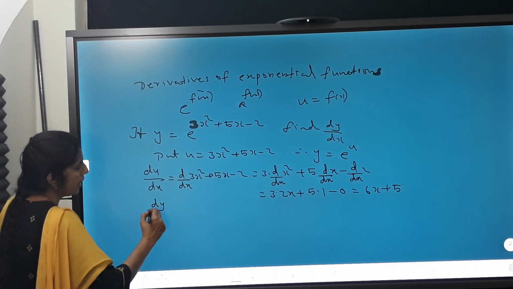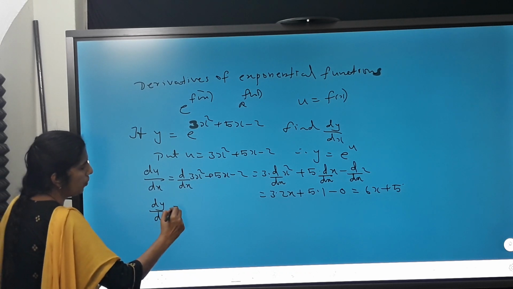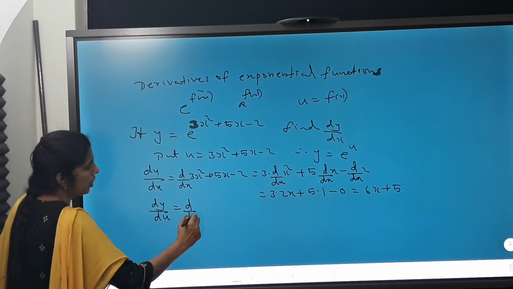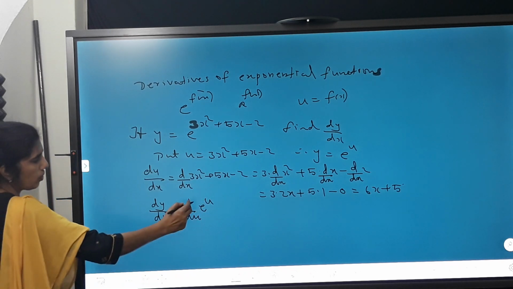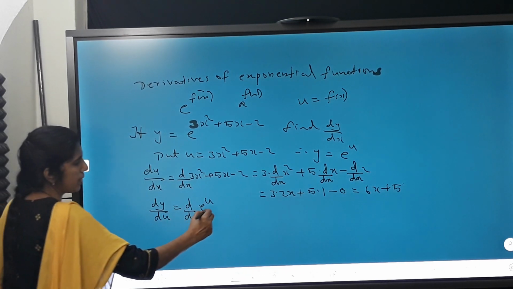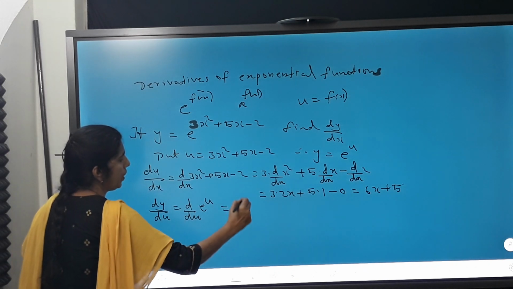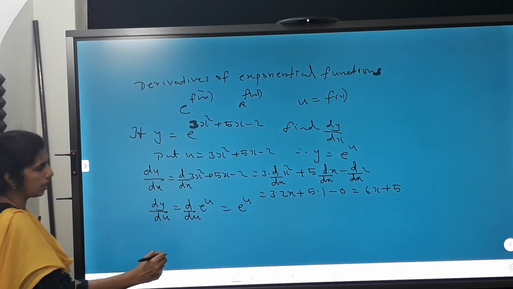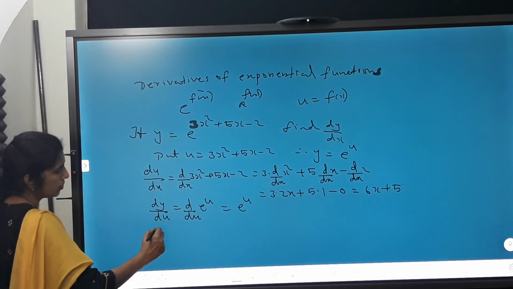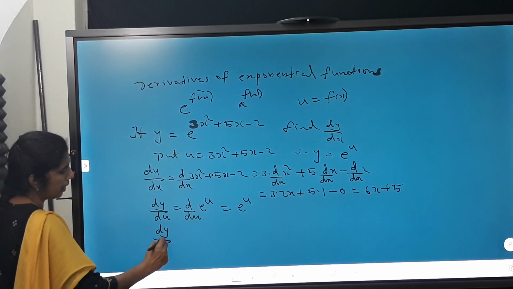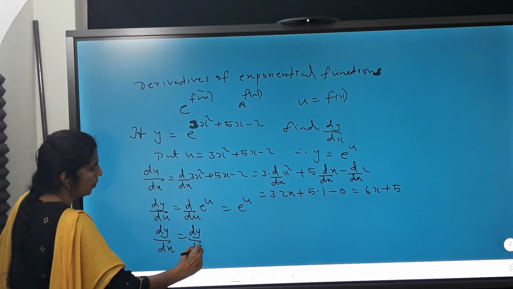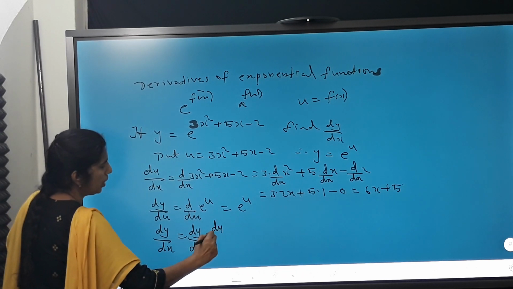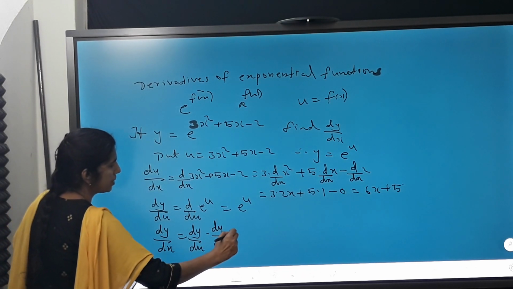Next we find dy by du, that is d by du of e raised to u. Now d by dx of e raised to x is e raised to x itself. So d by du of e raised to u is e raised to u itself. So apply the chain rule. Dy by dx equal to dy by du into du by dx.